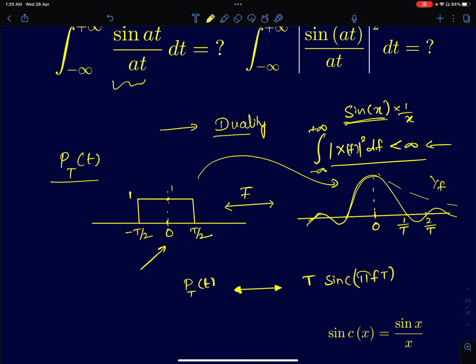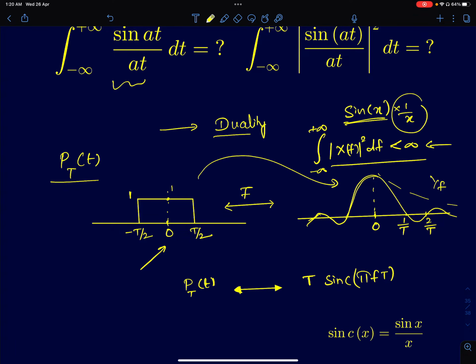This is not finite for a periodic signal like a sin x function, which is a sinusoid. Because I'm multiplying it by 1 by x, it's going to decay down as you keep increasing x. The word that we are going to use is square integrable: if you square the function and integrate it, it's going to give a finite value.